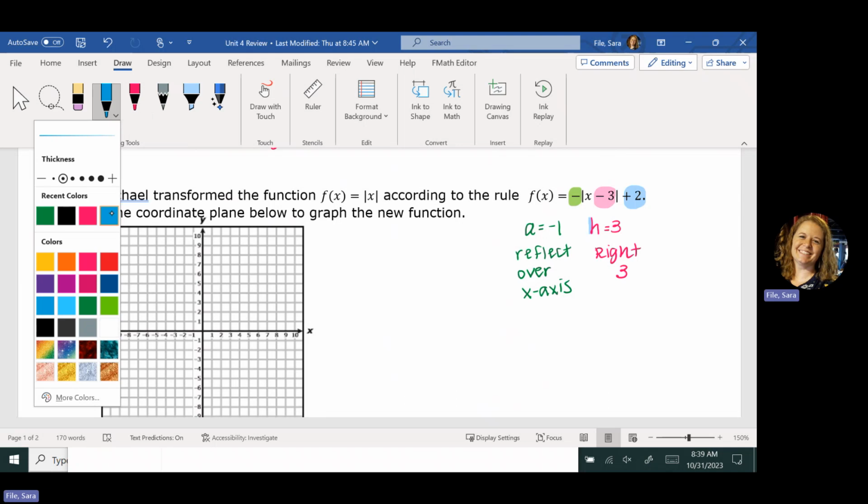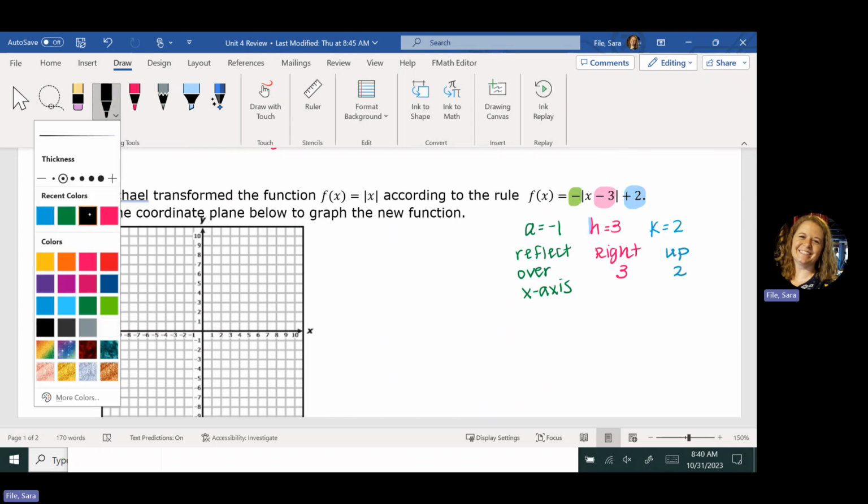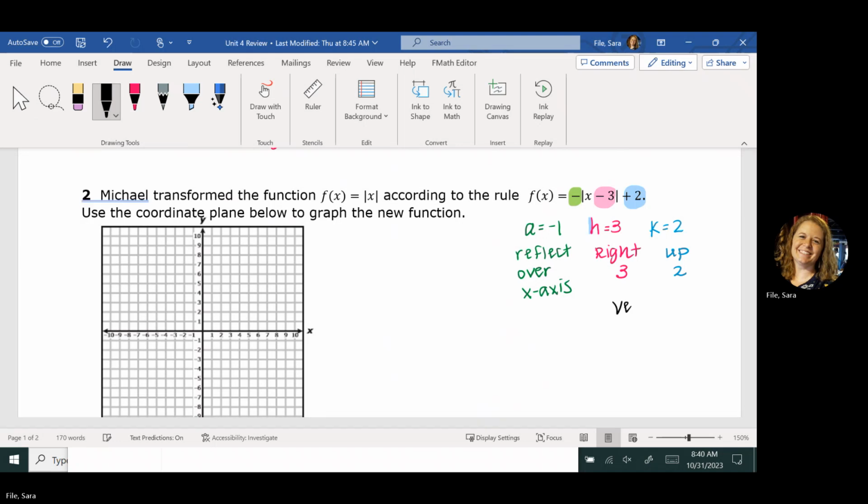And my K is +2, so this is up 2. So this means that my vertex is at 3, 2, because it's HK. So I'm going to plot that first. I'm going to go to 3, 2.